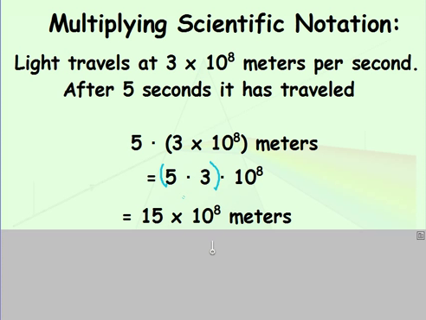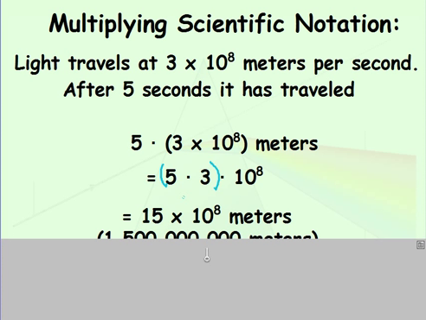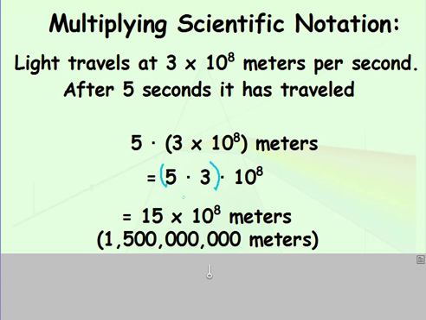I need you to go back and recall, is this number in proper scientific notation? The answer is no. This is equivalent to 1,500,000,000 meters.